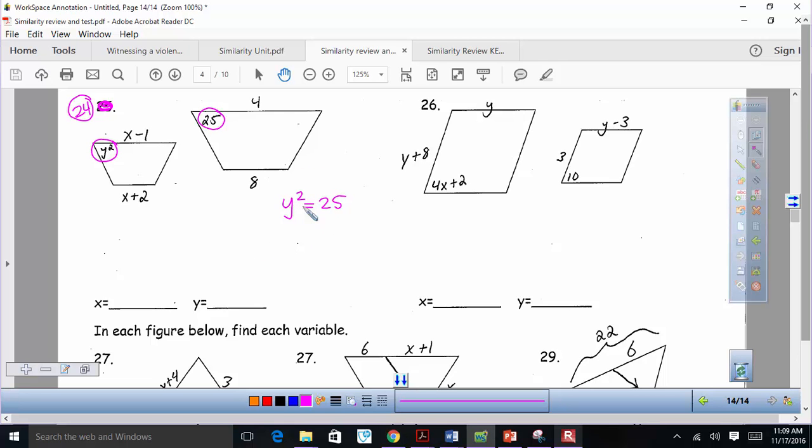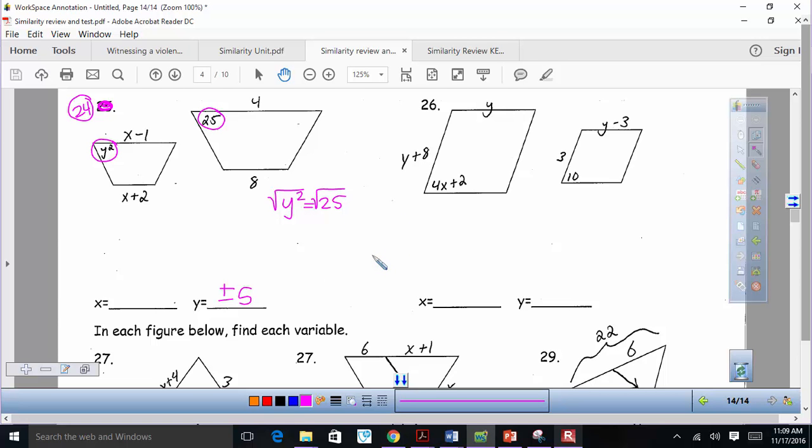So what is the opposite of something being squared? The square root. So to get rid of the square, we just take the square root of 25. Because I can't do plus or minus, I put 5 comma negative 5. Okay?